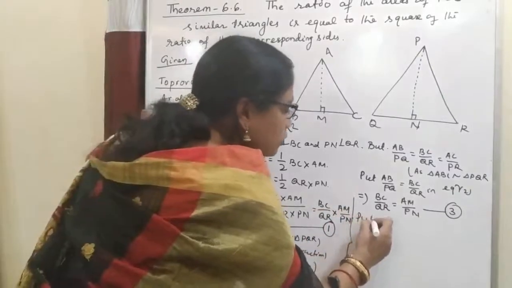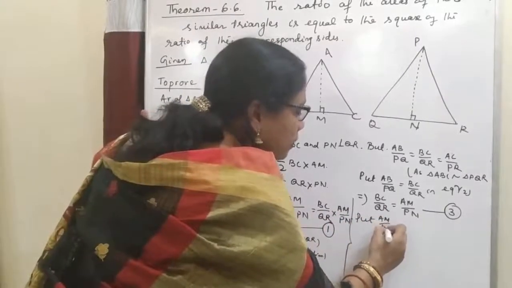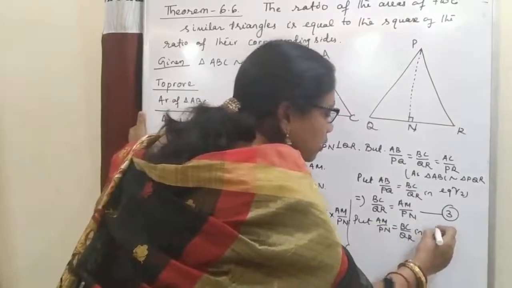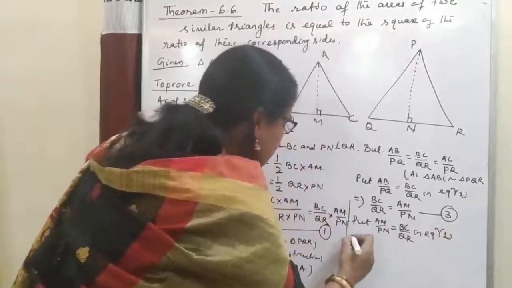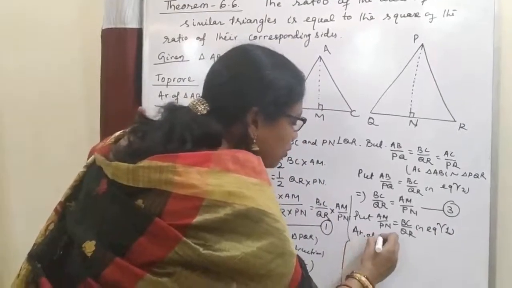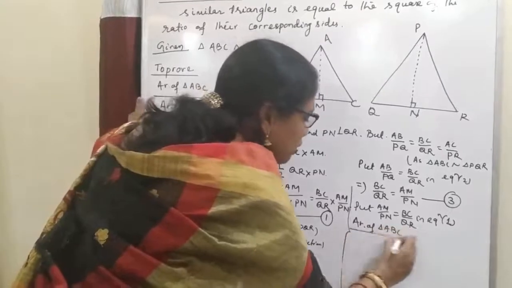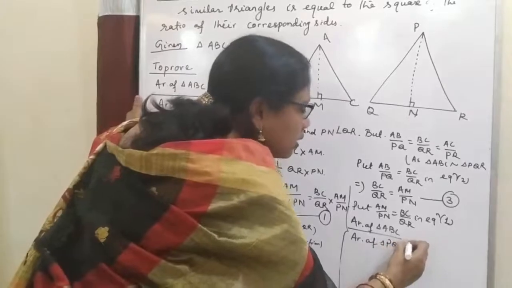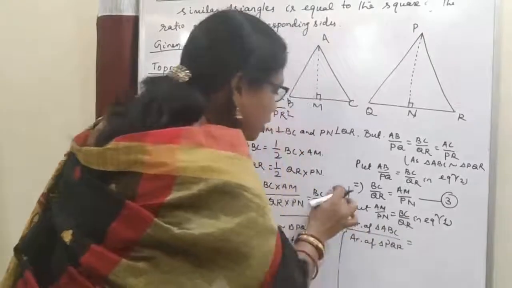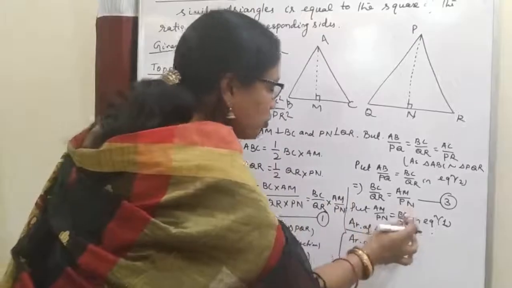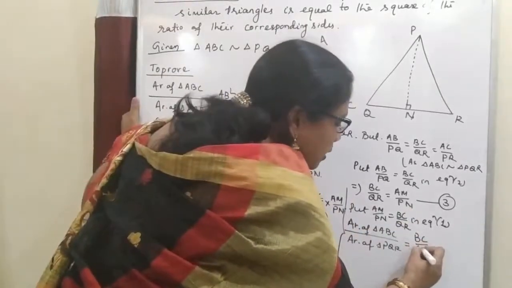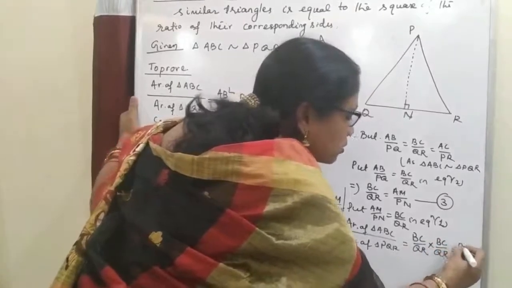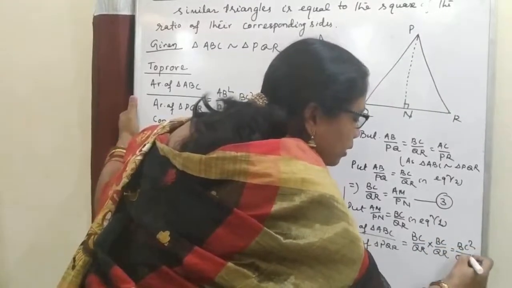So put AM by PN is equal to BC by QR in equation 1. So this implies area of triangle ABC by area of triangle PQR is equal to, in place of AM by PN we put BC by QR, so BC by QR multiplied with BC by QR. So this is equal to BC square by QR square.